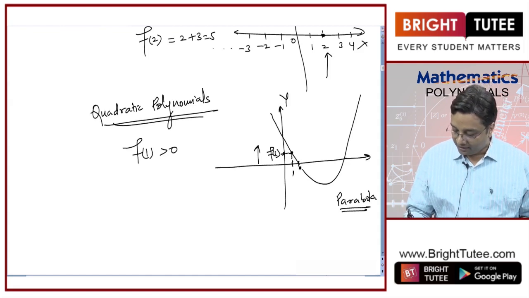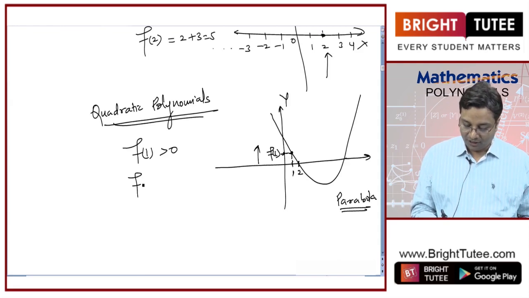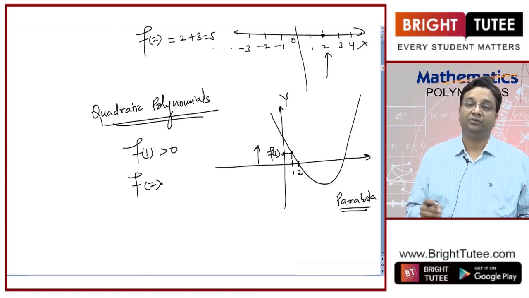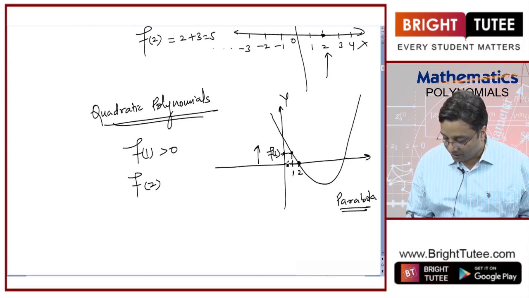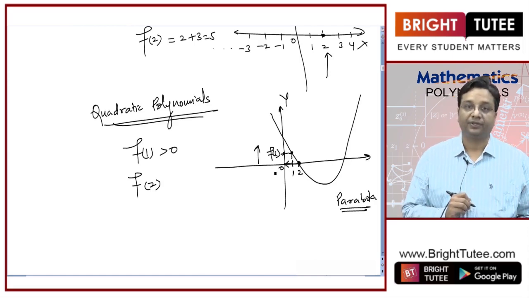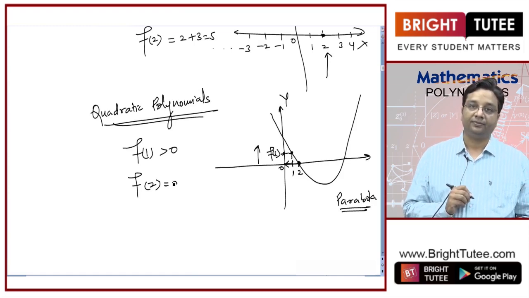If let us say this is 2, right? Now if I ask you what is f of 2, is it greater than 0, is it lesser than 0 or equal to 0? Clearly if you go towards the x-axis from this point, you will see that it gives you 0. So f of 2 is equal to 0.